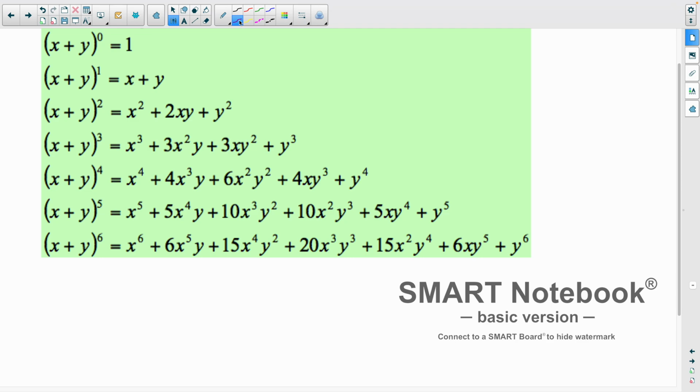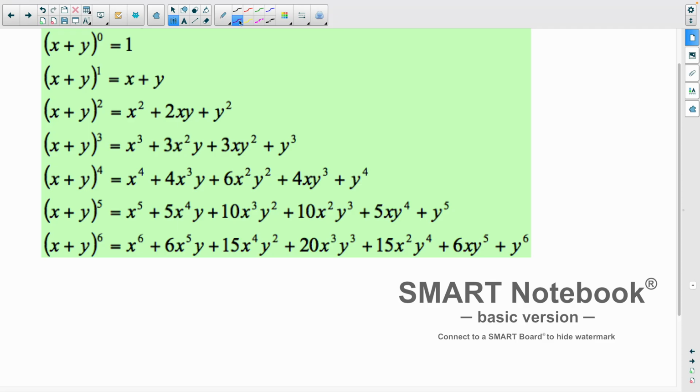So the first thing, anybody see a pattern in this down here? What's getting bigger? Okay, the exponents are getting bigger as we move one way and smaller as we move the other direction. The first one is going from big to small, and the second one is going from small to big.